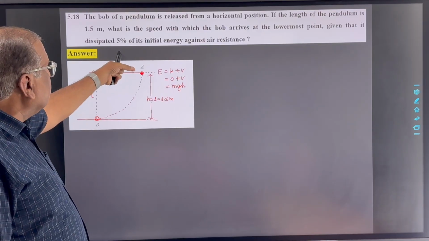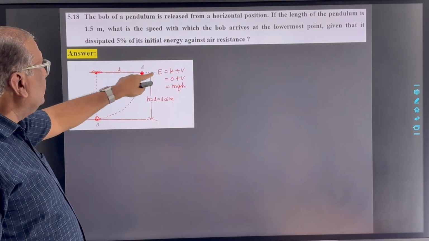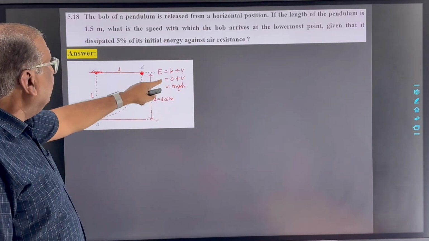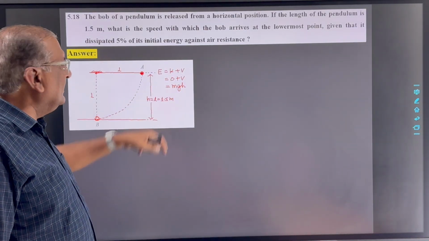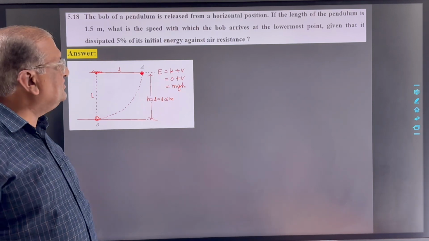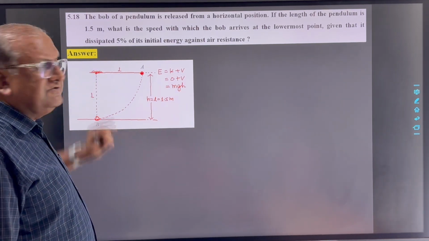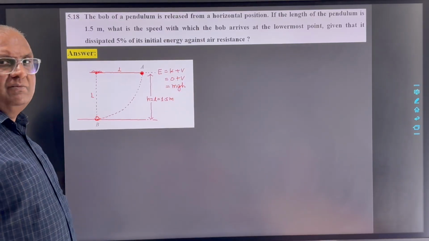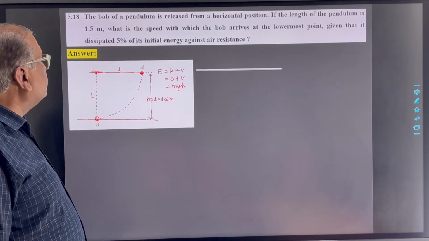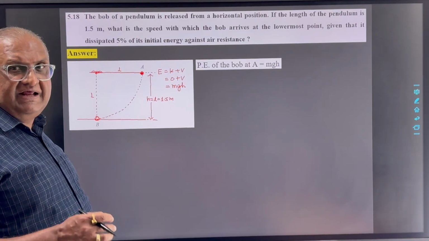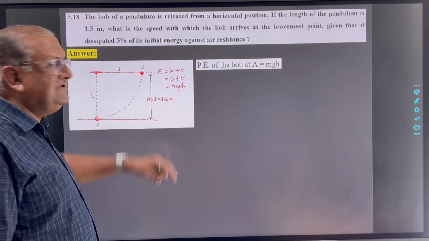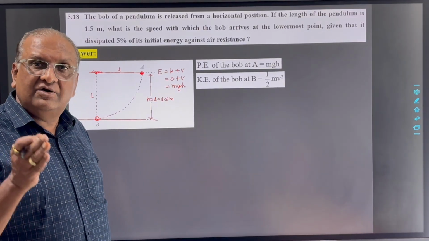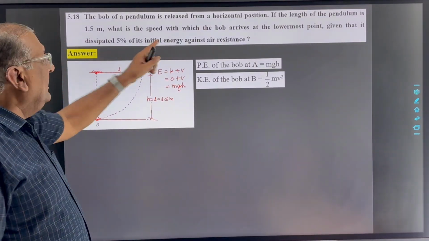So when it is in the horizontal position, its total energy, kinetic plus potential: kinetic energy is 0 and potential energy is mgh. Now when it is released from this position and reaches the lowermost point, 5% of initial energy, that is mgh, is lost against air resistance.